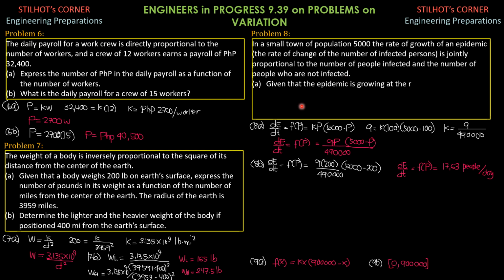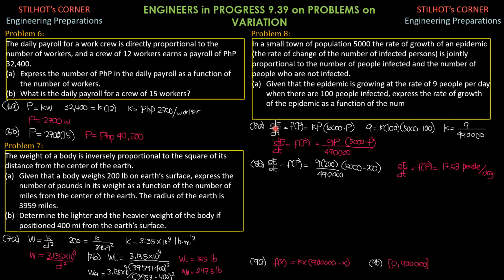So in calculus, that's the rate of the spread or growth of the epidemic with respect to time. So dE over dt, but I will just call it function of P, and it is mentioned here it is jointly proportional to the number of people infected.